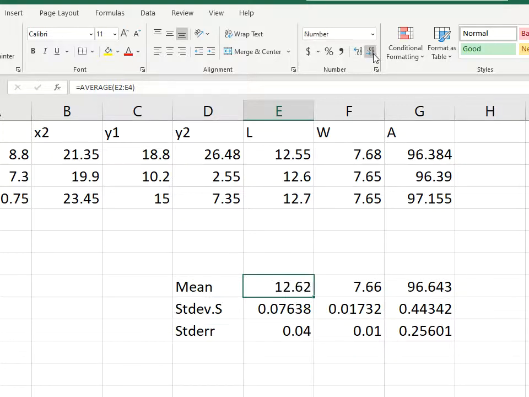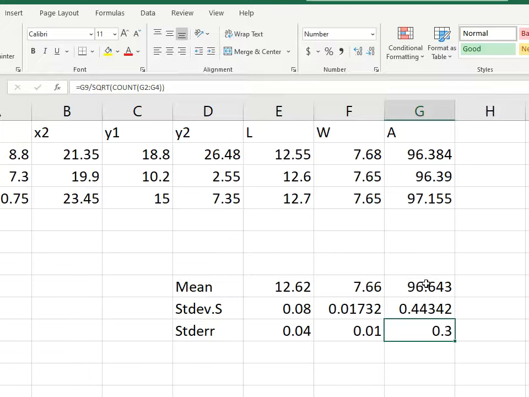So 0.04, it's in the hundredths place, so that stays in the hundredths place. And this one really doesn't matter, but I'll round it down a little ways too. Same thing with this one, we got a 0.01, and it's already rounded to the 0.01. This one is going to be rounded down to 0.3, and this should also be rounded to the 10th place.